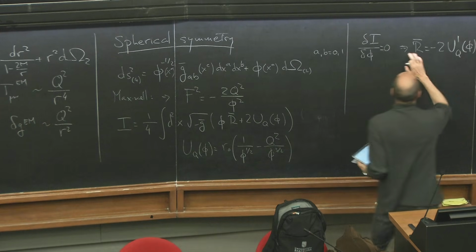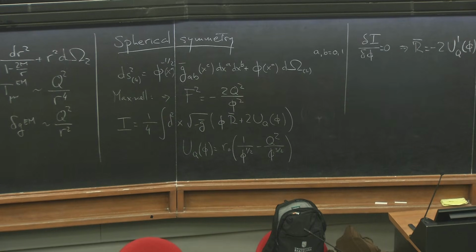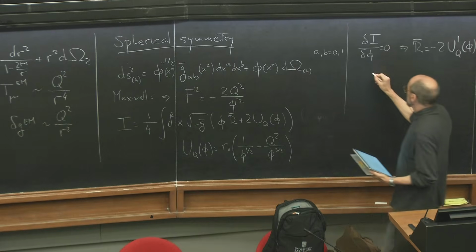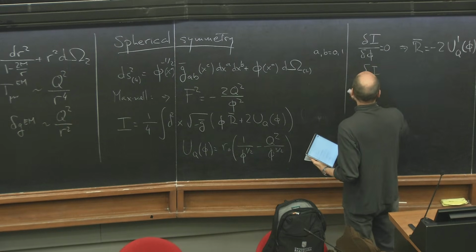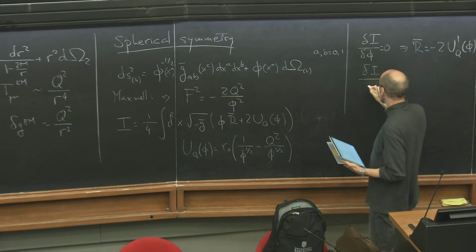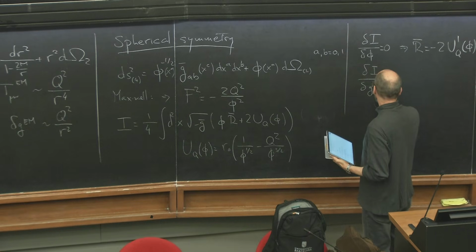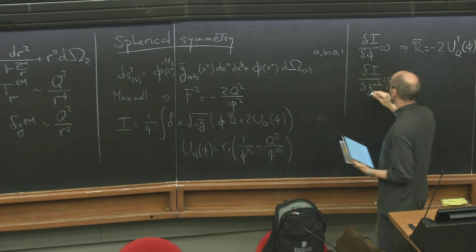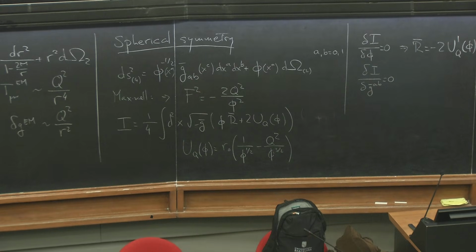So that's the equation that you get from varying this. Then the equation that you get, so this would be, say, the dilaton equation. The gravitational equation, the metric equation, is what you obtain by requiring that the action is stationary with respect to variations of the metric.